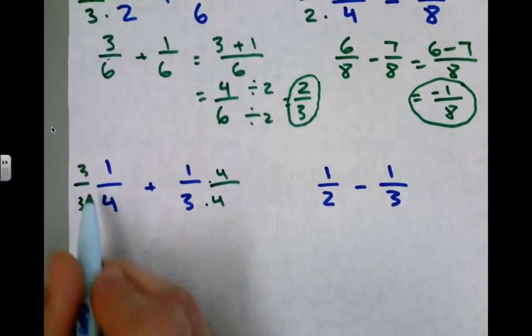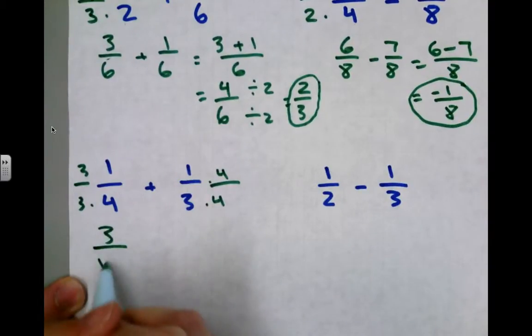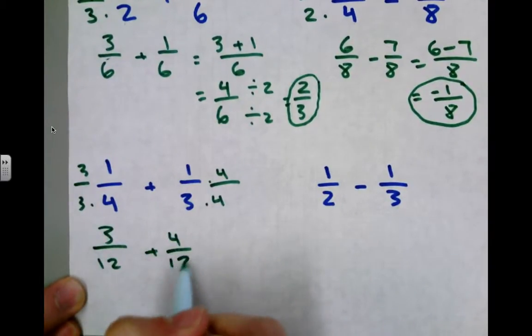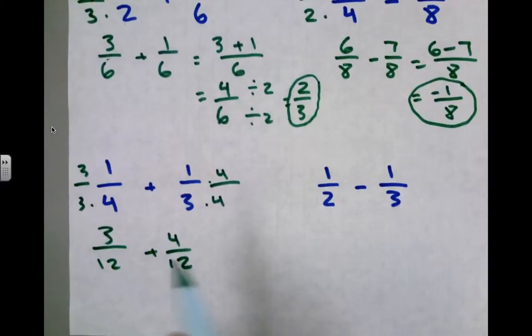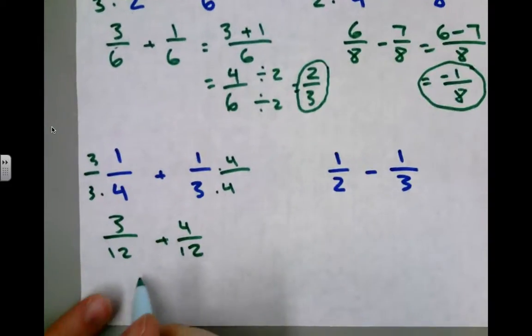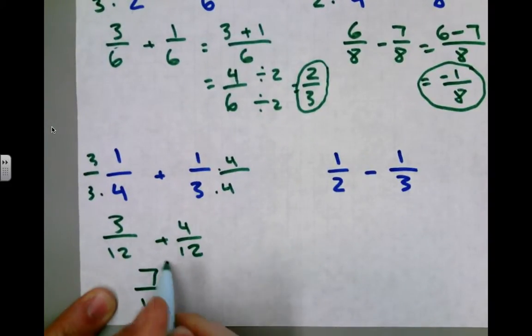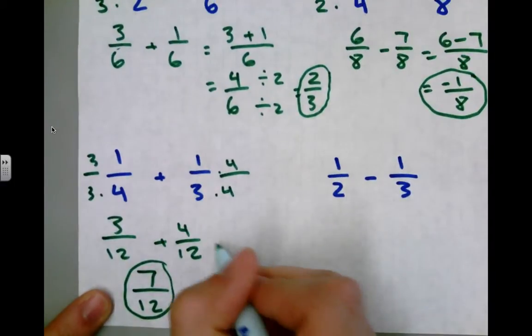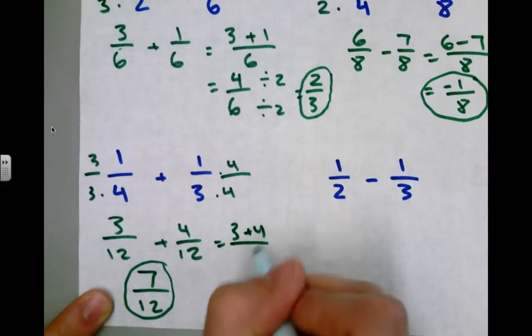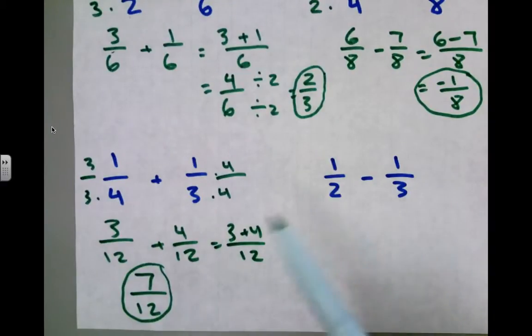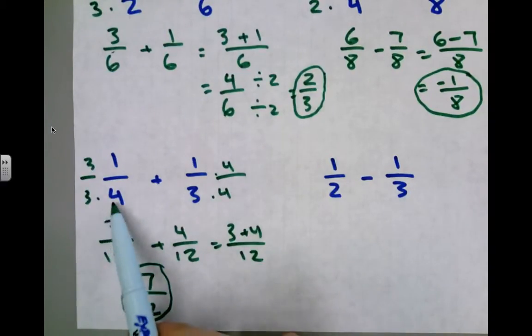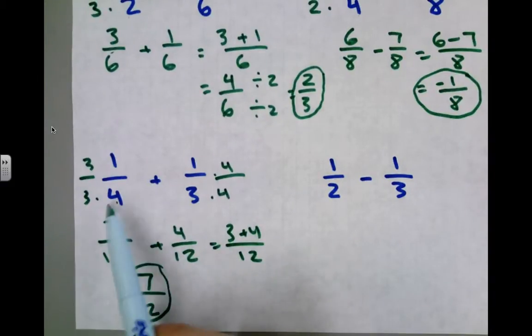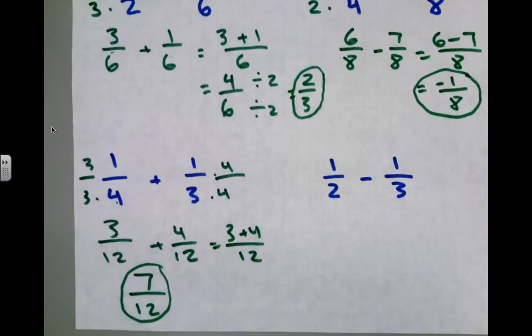Now I have 3 over 12 and 4 over 12, which are common denominators, so I can just add those two things, which would give me 7/12. This would not be able to be simplified. So I could not go from 4 to 3 directly, or from 3 to 4 directly, so I have to manipulate both of them.